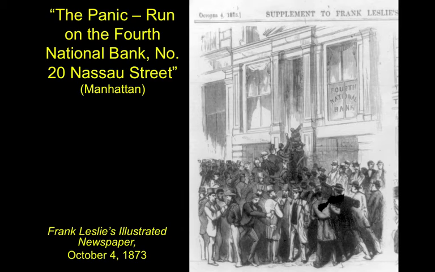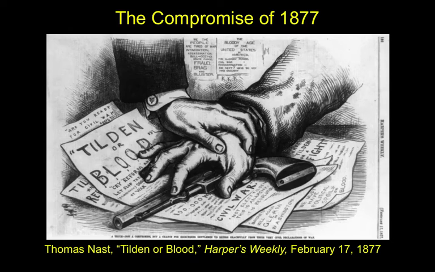These 20 electoral votes could have thrown the election either way. The decision of whom to give these 20 votes to was decided in Congress and resulted in the Compromise of 1877.